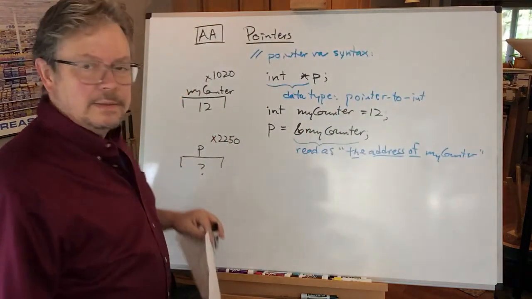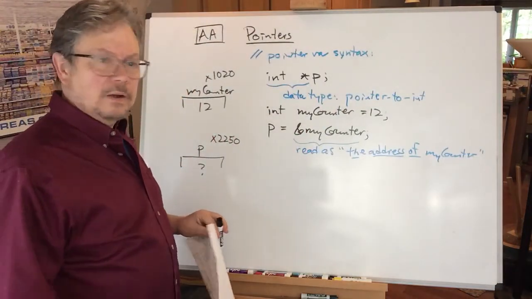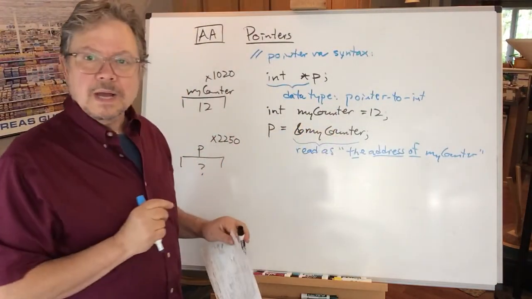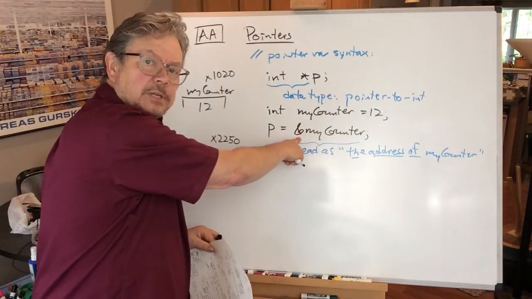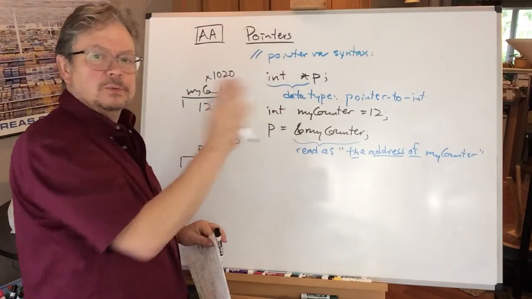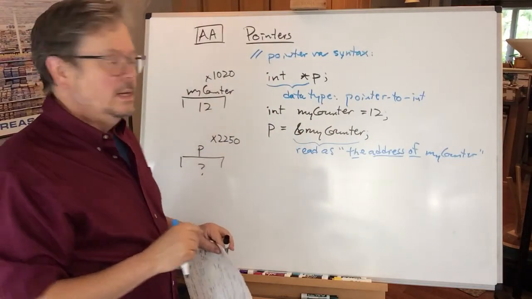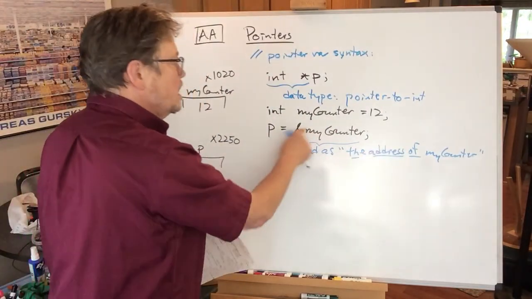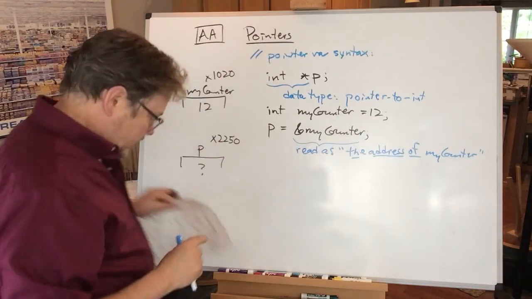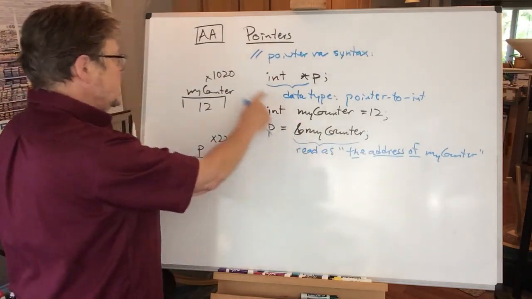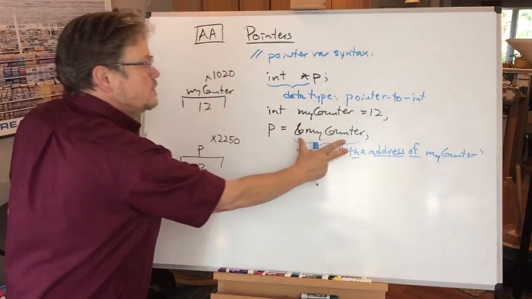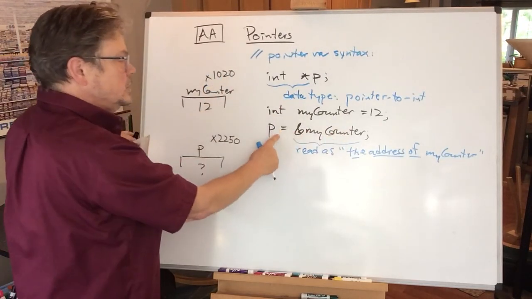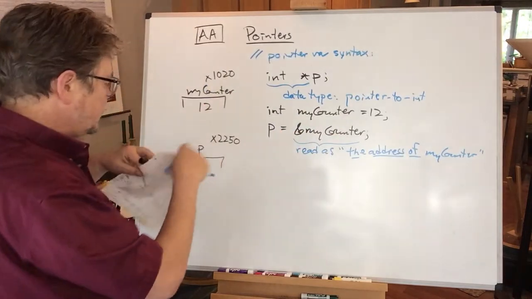The ampersand there means don't get the value of the variable as the value of the right-hand side of that assignment. Get where it lives. The single ampersand in this context does not mean a reference. We're not talking reference parameters anymore. This means the address of whatever follows it. The address of my counter is, according to pretend land up here, hexadecimal 1020. So the value of the expression on the right is hexadecimal 1020, and that becomes the new value of P.